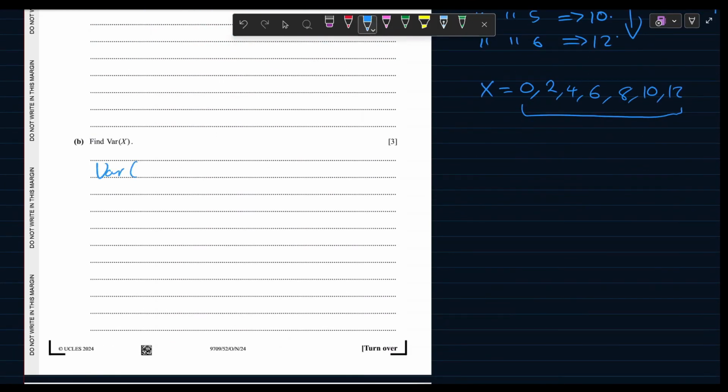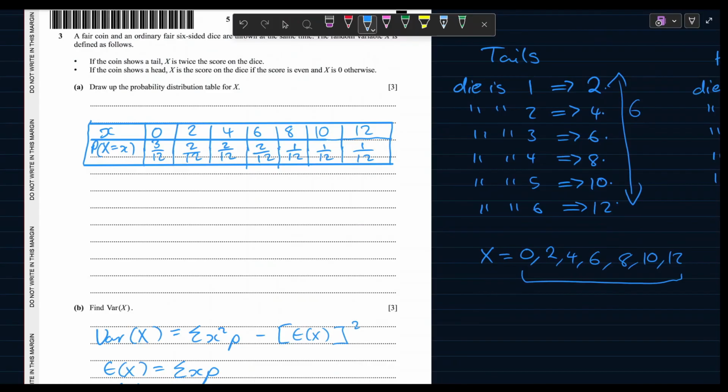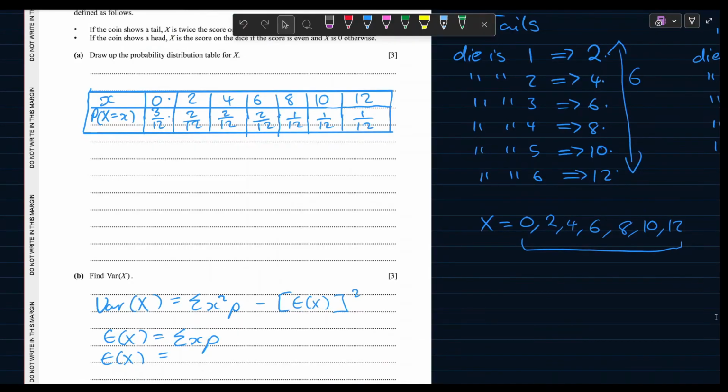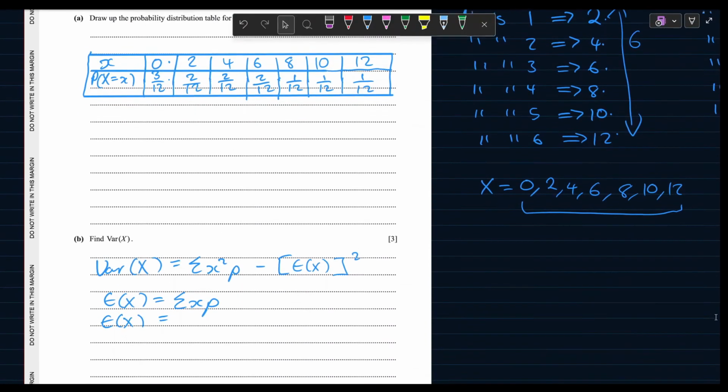So the formula for var of x is equal to the summation of x squared p minus the expectation of x squared. So we need to start off by finding our expectation of x, which we can find using the summation of xp. So the expectation of x is going to be equal to, you're just multiplying this value here by this value, then you add. So 0 times 3 over 12, I won't include that because if you multiply by 0, you get 0.